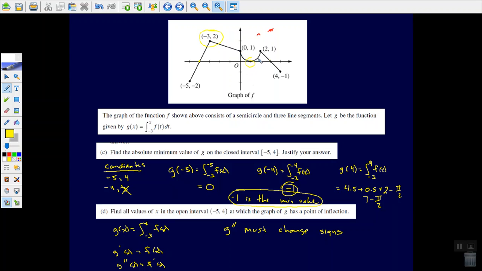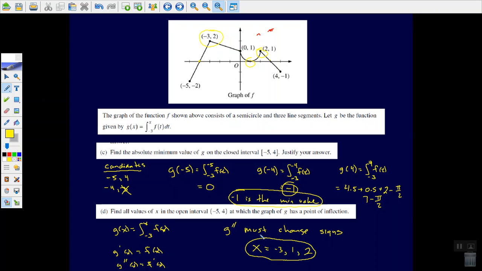It increases along the last part of the semicircle, then sharply changes to decreasing. Now there are sharp points at 2 of these, but that does not matter. The function we're looking at is continuous. Okay, and so that's all that has to be true there. So it happened 3 times at negative 3, at 1, and at 2.